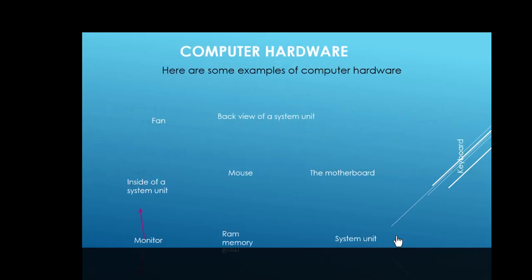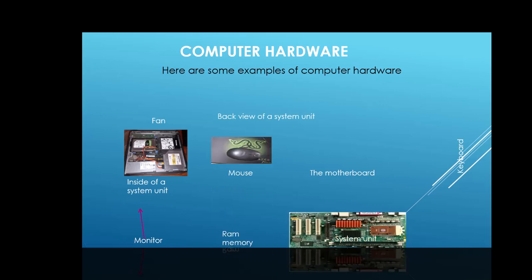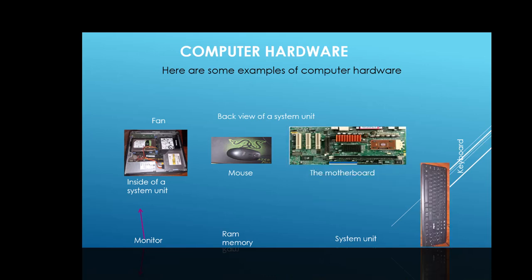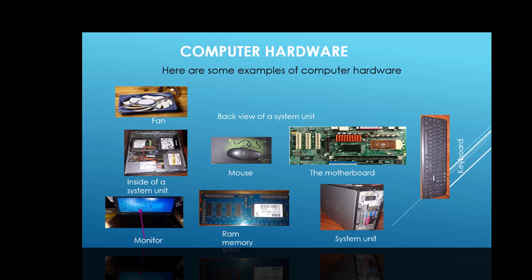Now, here are some examples of computer hardware. If you look here, we have the inside of a system unit. We also have the mouse, the motherboard right here, the keyboard, the monitor, RAM memory, the system unit itself, and the fan.